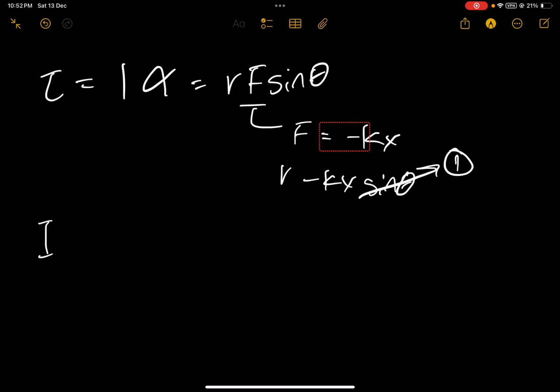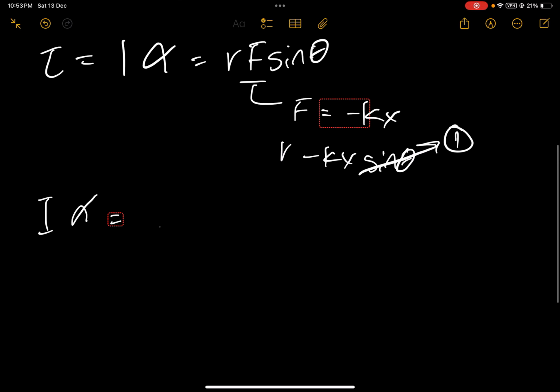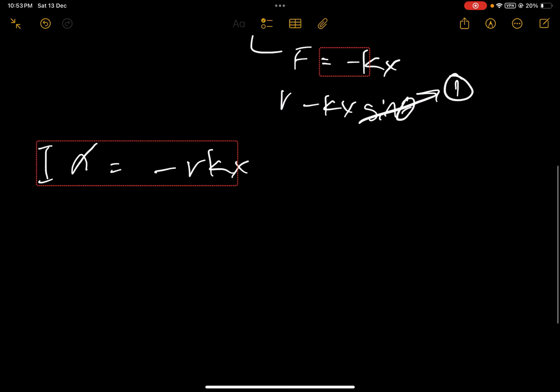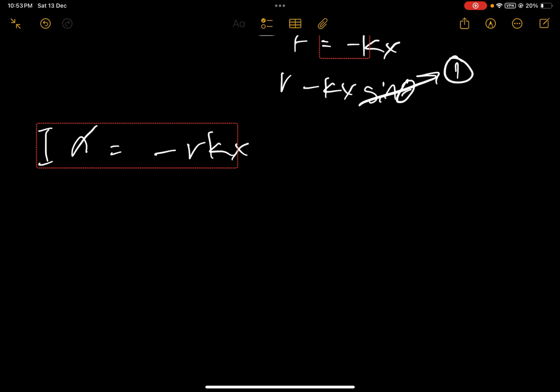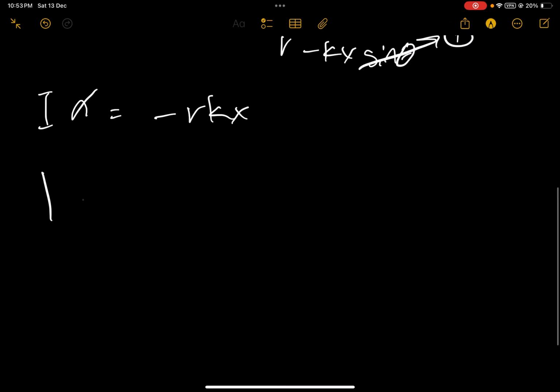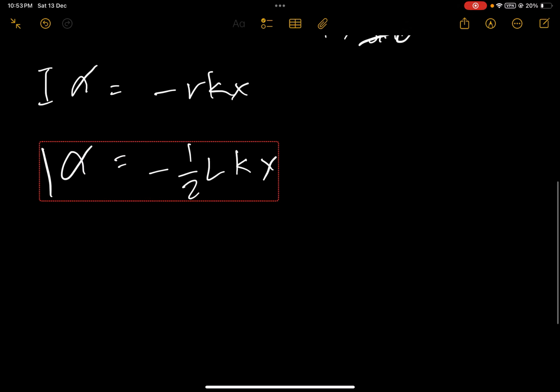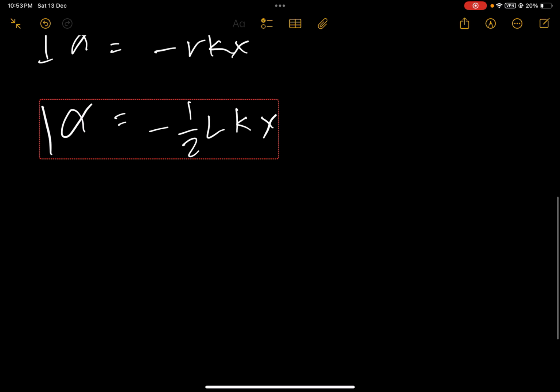So let's put this back in. We have I alpha is negative R k x. And we have R, which is 1/2 L. We also have x, because x is like the linear analog of theta, so we want to substitute that.